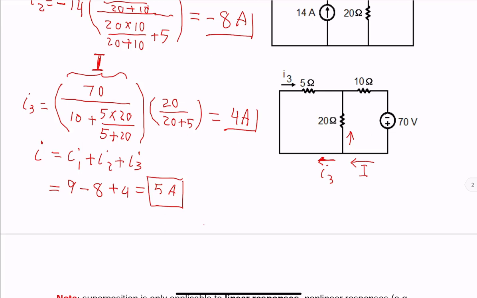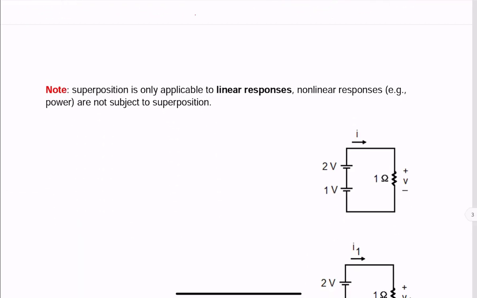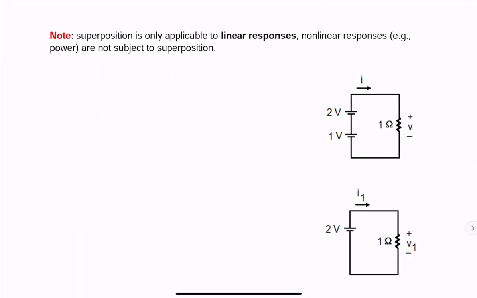So that's basically superposition. Something which is important is superposition is only applicable to linear responses, such as voltage and current. Nonlinear responses, like power, are not subject to superposition. Let's look at an example for that. We have two independent power supplies and a 1 ohm resistor, as you see in the figure.